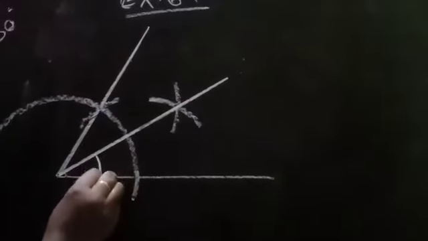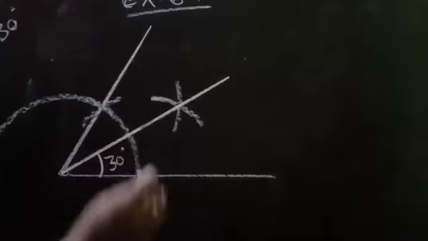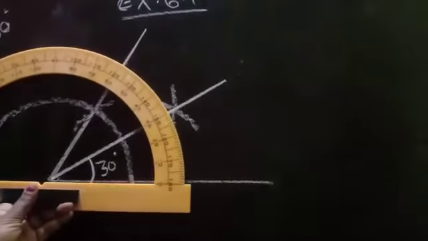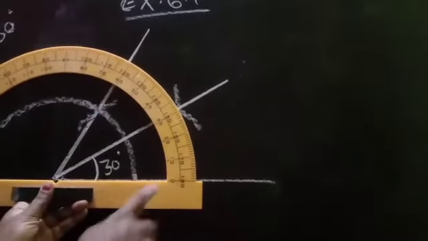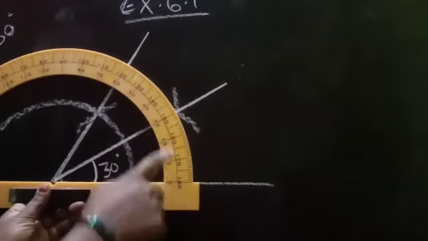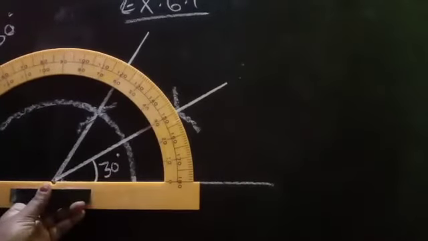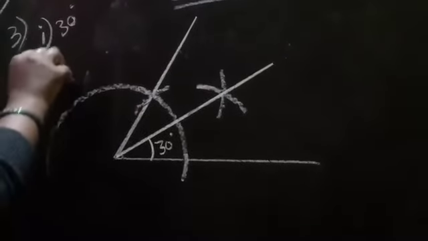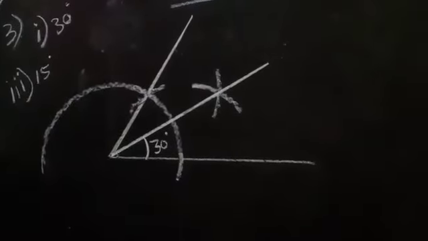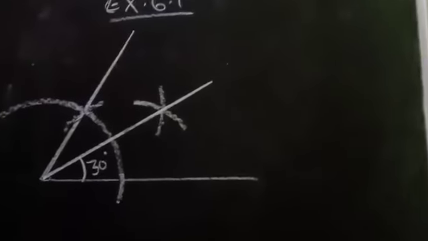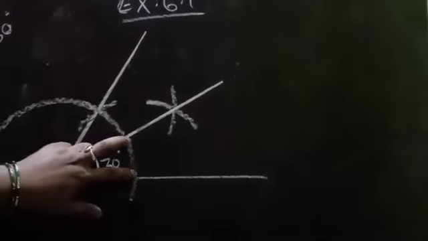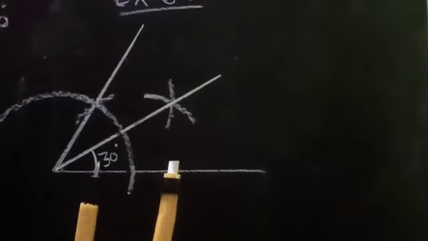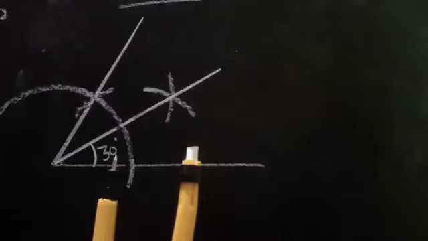We'll get this angle now, that is 30. So measure it or verify. From here to here it is 30 degree. We got it. This is for the first one. Then the third one they told 15 degree. How will you do it? Again bisect this 30 degree. We can take the measurement through the compass.